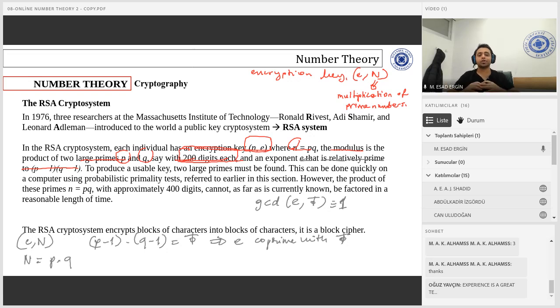So there should be no common divisor or common factors between Euler's totient and E. This is one of our first rules, which is very important.